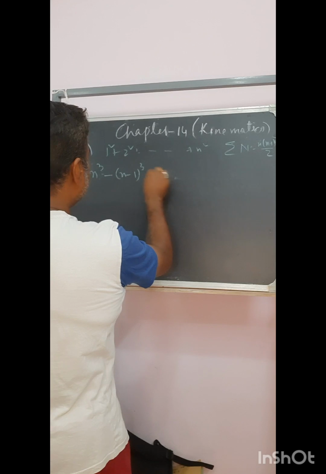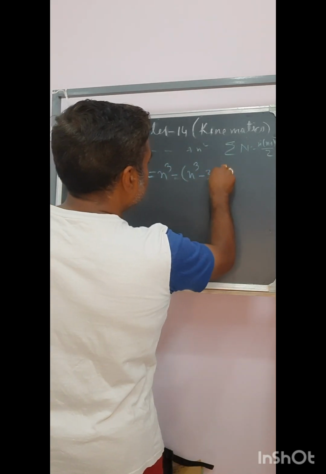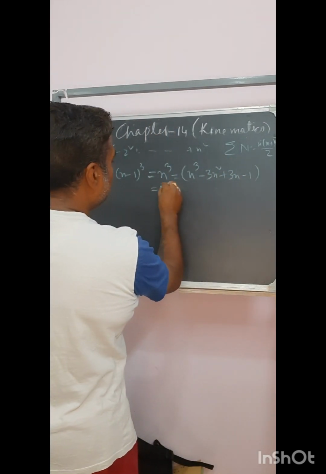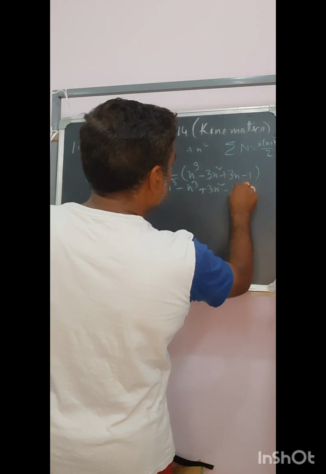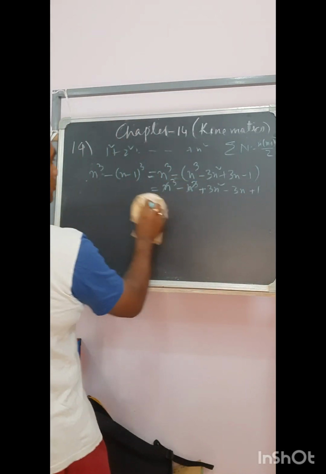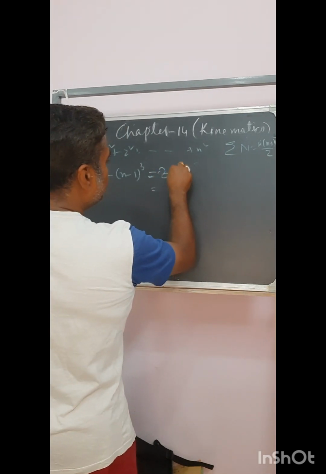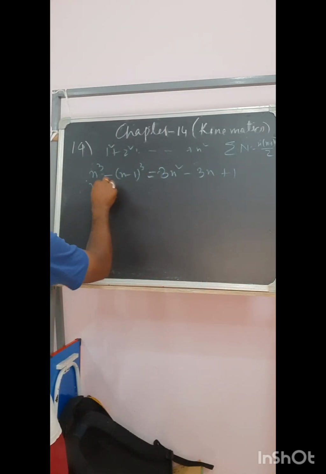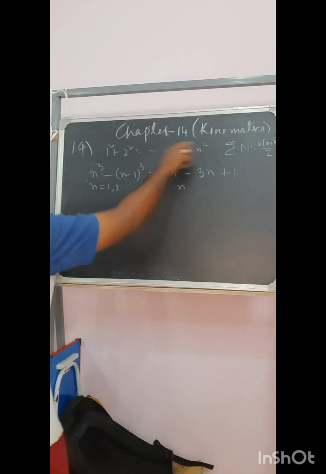So what is that? If I expand it, it will come n cube minus 3n square plus 3n minus 1. So further calculating, n cube minus n cube plus 3n square minus 3n plus 1. So this will be cancelled out. So simply I will write it at the top: 3n square minus 3n plus 1. So now I put the value 1, 2 dot dot dot up to n, because that is the series itself.